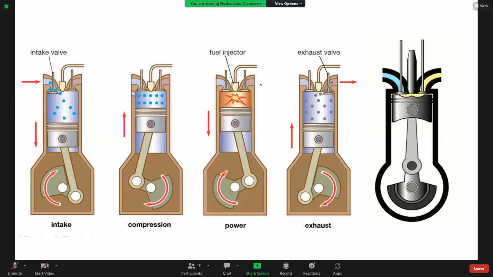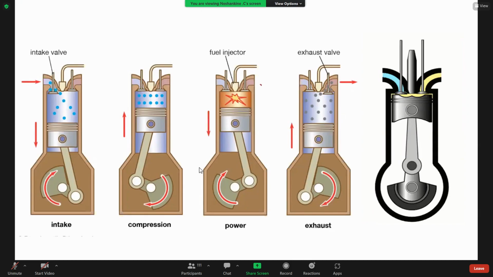At that time, the intake valve and the outlet or exhaust valve are closed. If this piston moves upward, what will happen to this air? This air will compress. If compressed, what will happen to that air? Air temperature will increase inside this chamber.